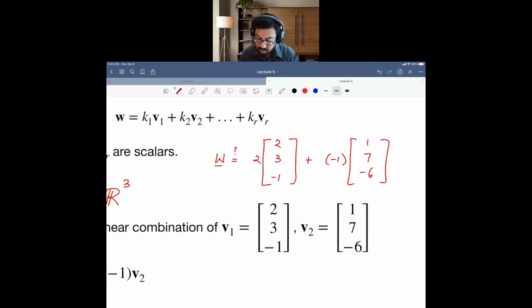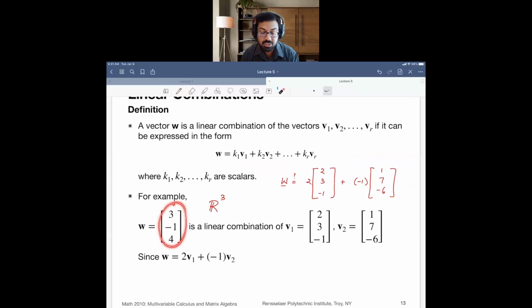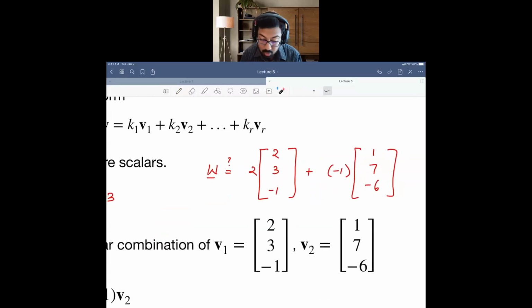If you run through the numbers, you will see that the result exactly matches (3, -1, 4), which means that I'm able to express W this way. So this is V1, and this is my V2, and those are my scalars that made the linear combination possible.